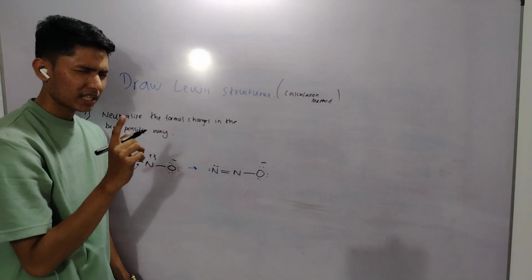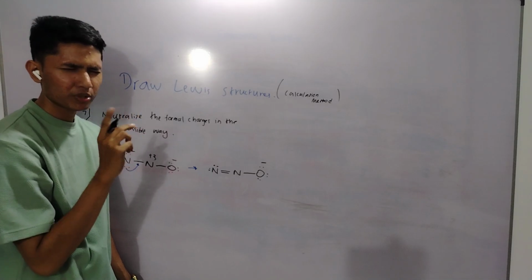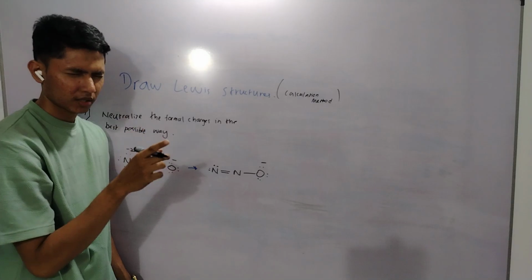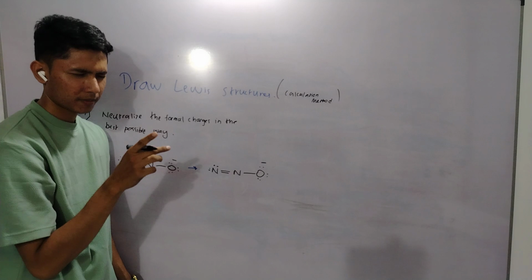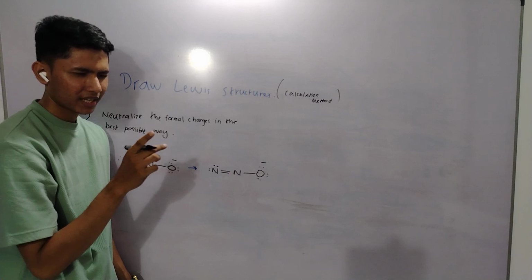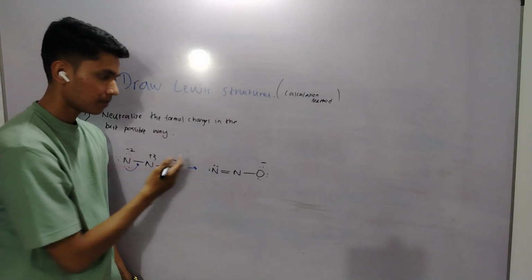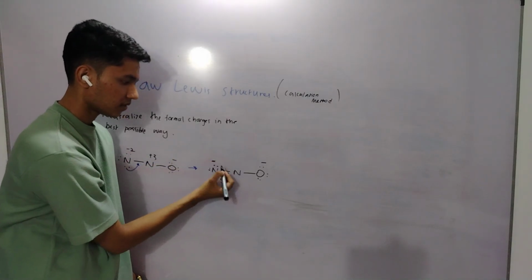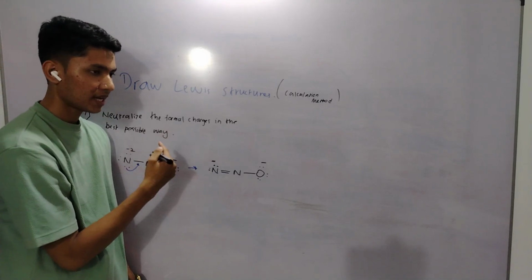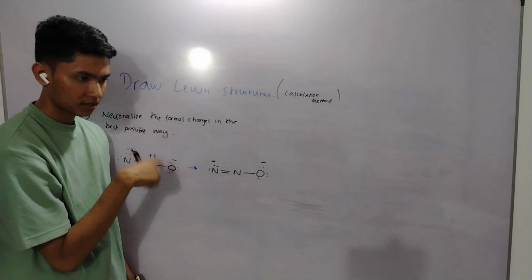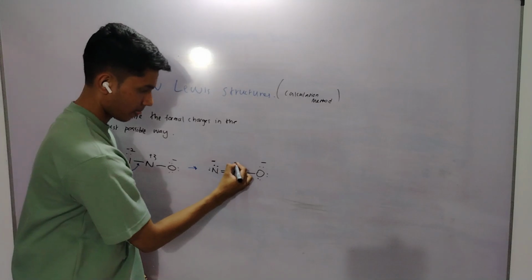In the last video I told you, donating electrons: that donor will get a positive charge, and the acceptor of electrons will get a negative charge. So minus 2 plus 1 will be minus 1, minus 1 plus 3, accepting electron, then plus 3 minus 1, so plus 2.